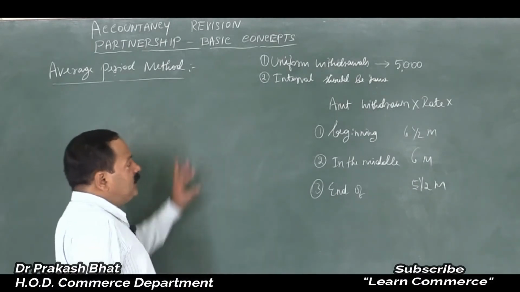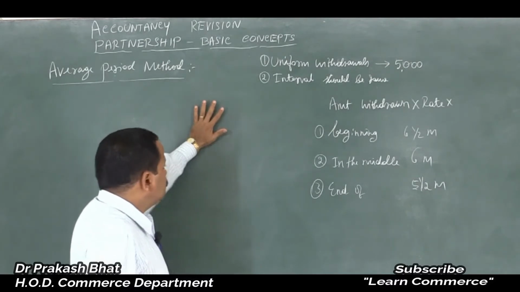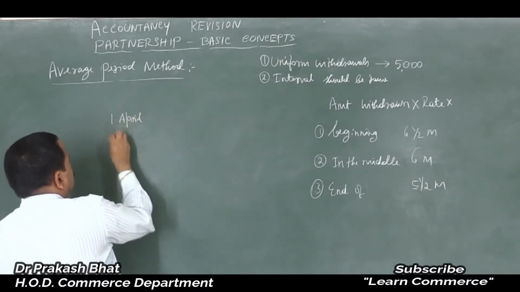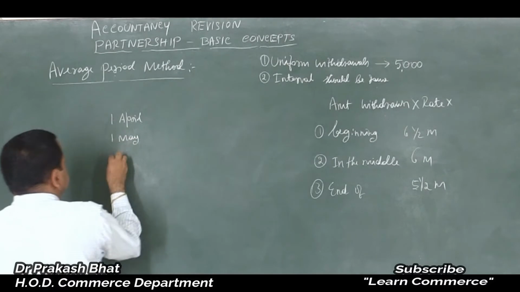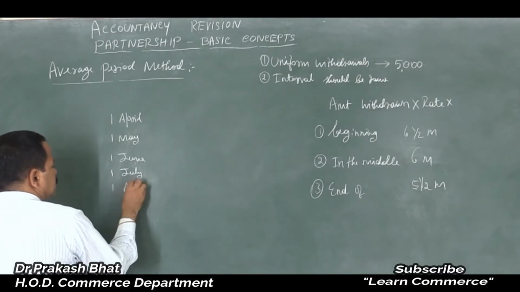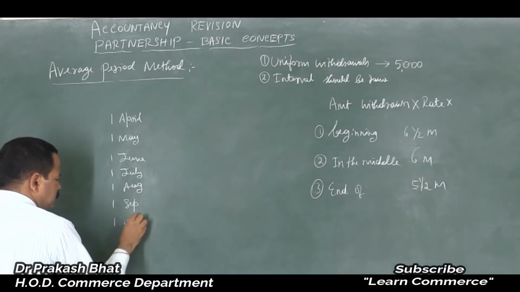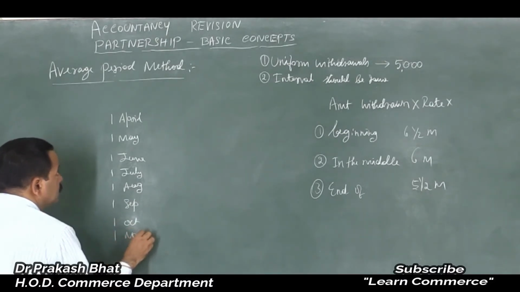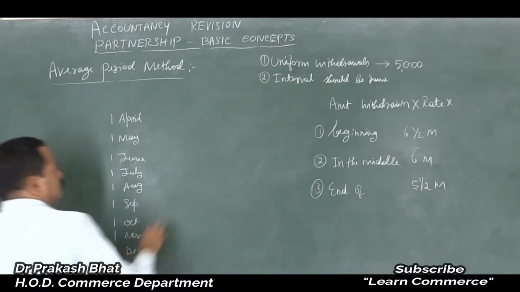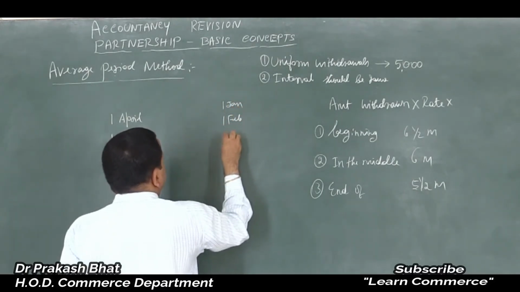Suppose at the beginning of each month. So at the beginning of each month means 1st April, 1st May, 1st June, 1st July, 1st August, 1st September, 1st October, 1st November, 1st December, then 1st January, 1st February and 1st March.